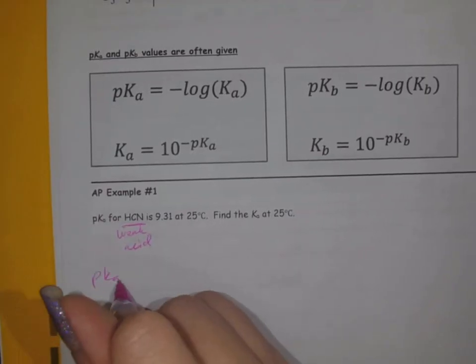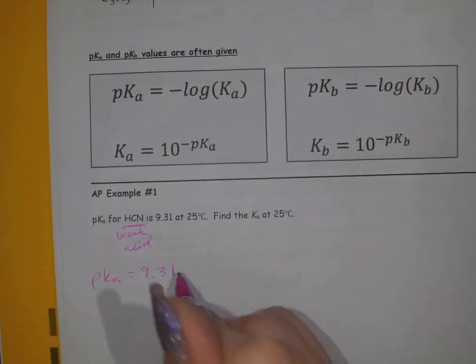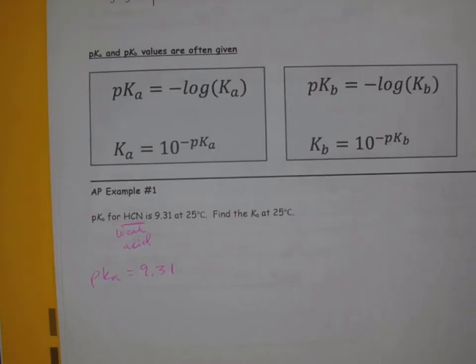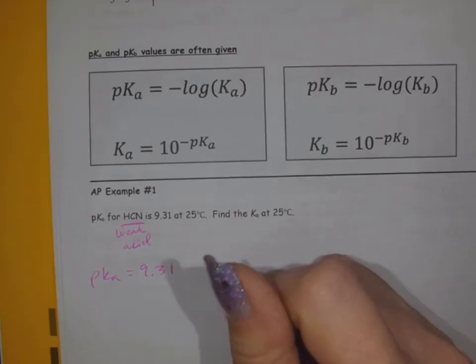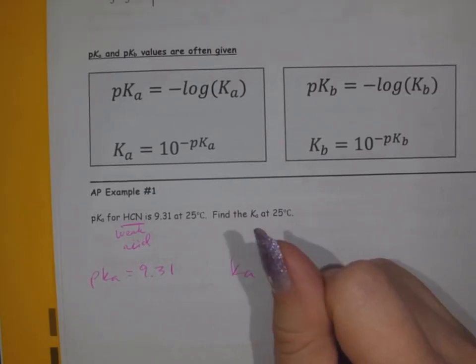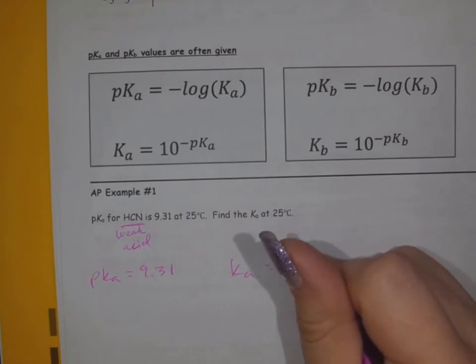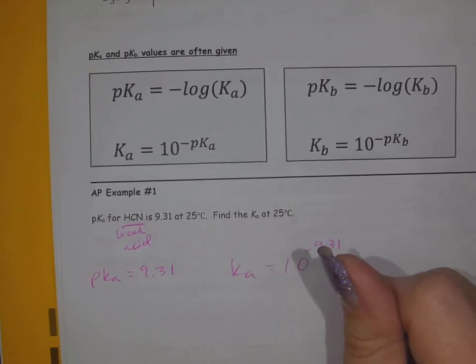It says the pKa is equal to 9.31, and we want the Ka. Well, Ka is going to equal 10 raised to the negative pKa.